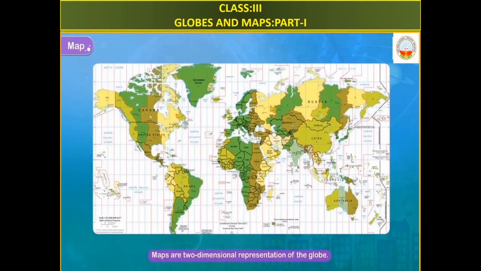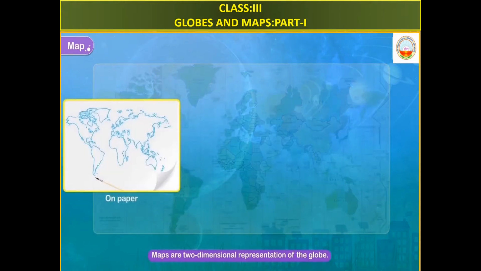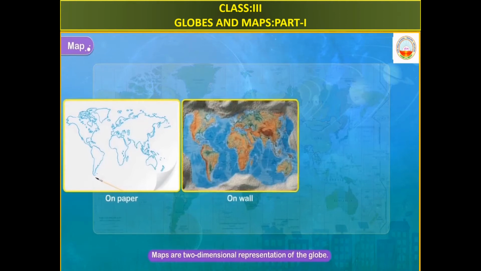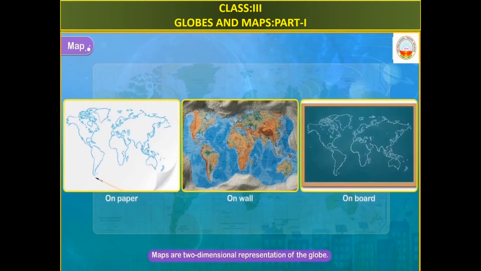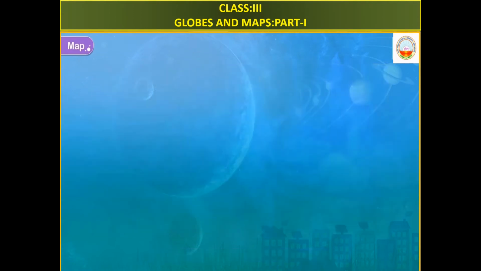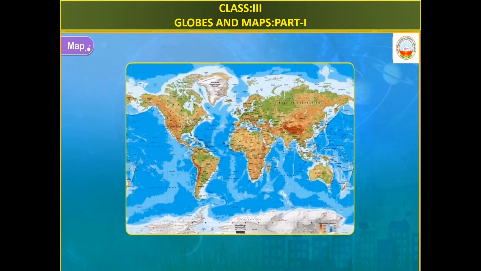Maps are a two-dimensional representation of the globe. They are drawn on paper or a flat surface like a wall or board and help to understand a specific limited part of the earth. Maps also facilitate detailed study of the physical aspects of the earth.